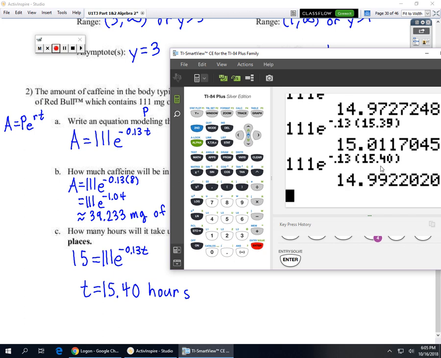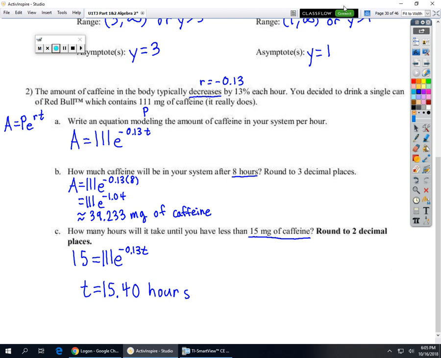So 15.40 is the most appropriate, because at 15.39, I'm still a little bit above. You shouldn't have a problem that's this picky, though. So 15.40 hours.